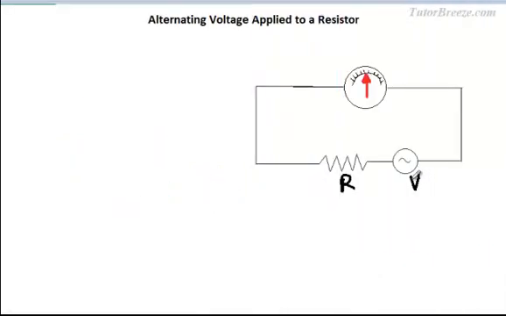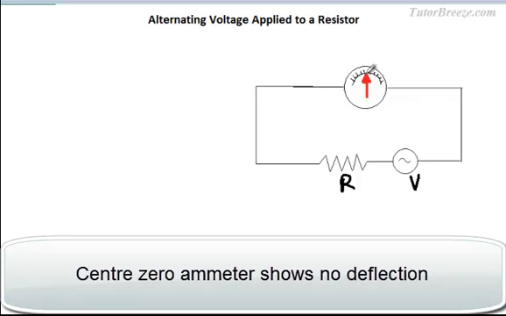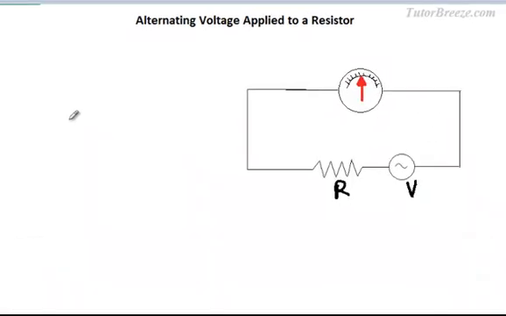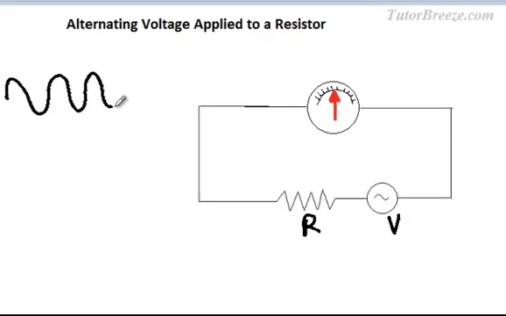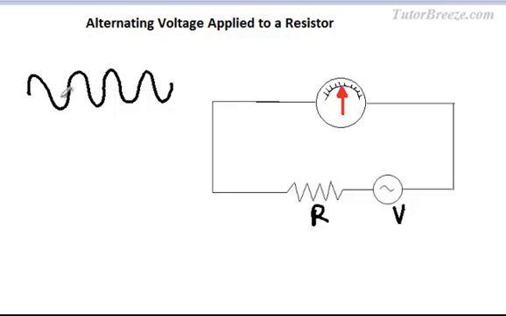Now let's say that an alternating voltage is connected to a resistor and the current is measured using a center zero ammeter. Now you can see that this needle is going to show no reading at all. That doesn't indicate that no current flows to the resistor, but the current is going to reverse direction so many times in a second.